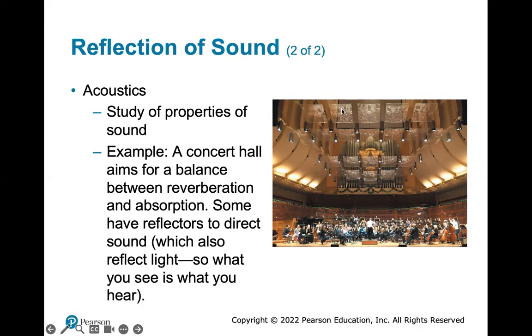If you look up here at these panels, these look like they're maybe fabric or something like that. But these panels here are very reflective. You can see the position of the orchestra players on these panels. So as the sound goes up, it bounces here and comes out at you.